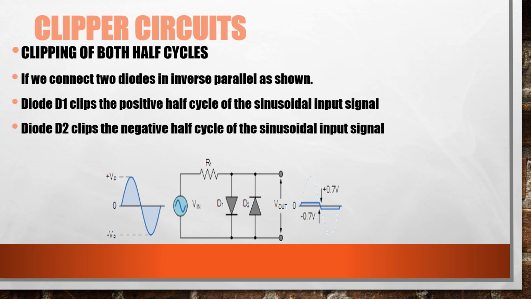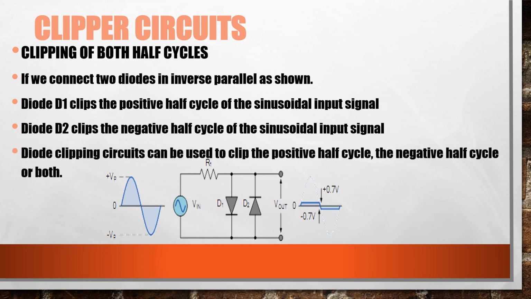It means diode clipping circuits can be used to clip the positive half cycle, the negative half cycle, or both half cycles. Okay.